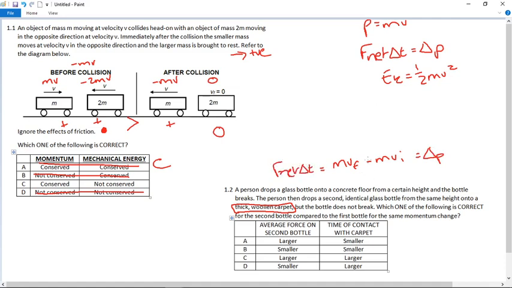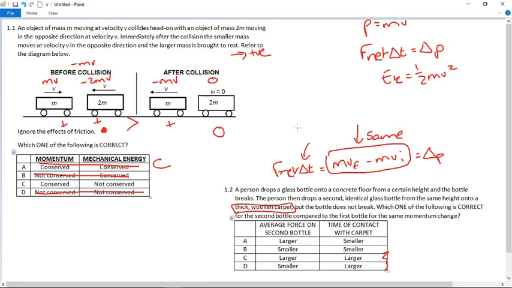So if the momentum change is the same, why is the bottle breaking? The first time, the bottle's breaking because it comes into contact with the floor for a very short time. The delta t is very small. The floor has a short contact time, the carpet has a large contact time. So we're looking at one of these two answers here. But the delta p remains the same.